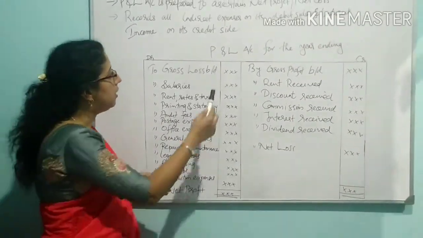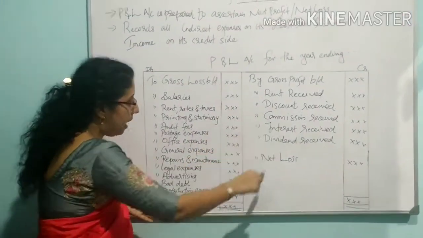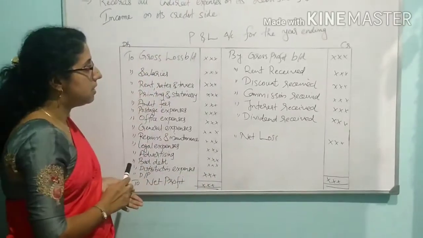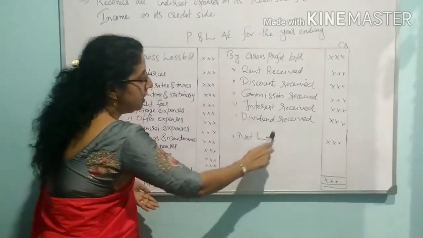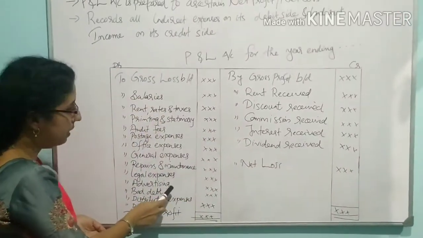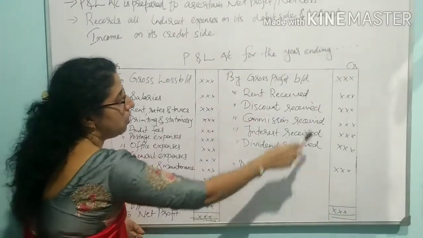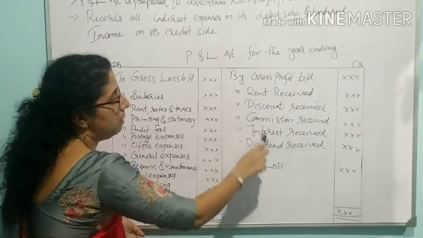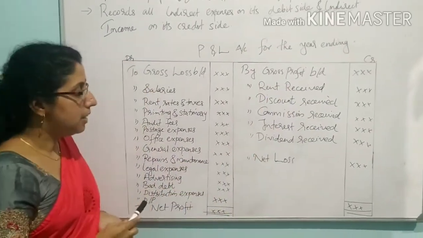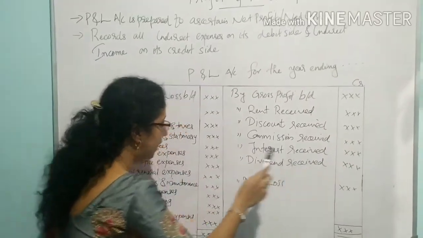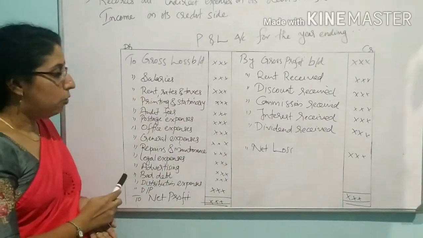How can we arrive at the net profit or net loss? After balancing this account. Now we are going to balance this account. See, if the credit side is more than that of debit side, we will get a profit because our income is on credit side. Income is recorded on credit side. So if this side is more than that of our debit side, what is the result?